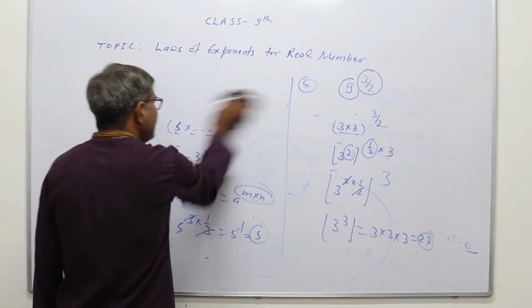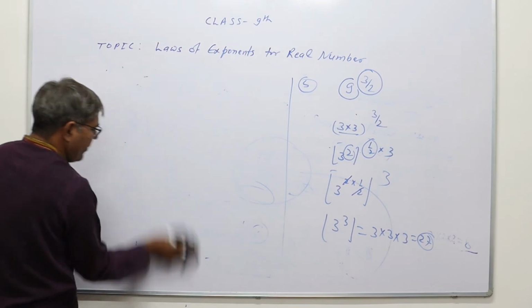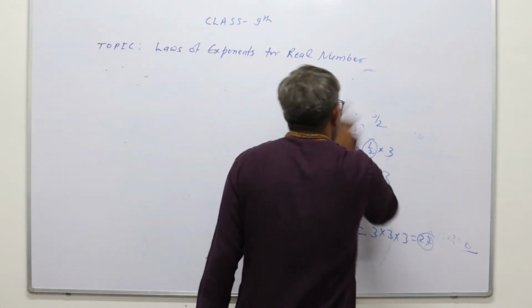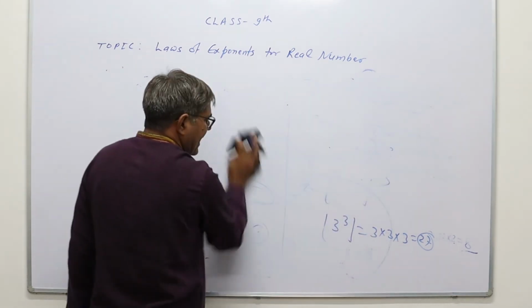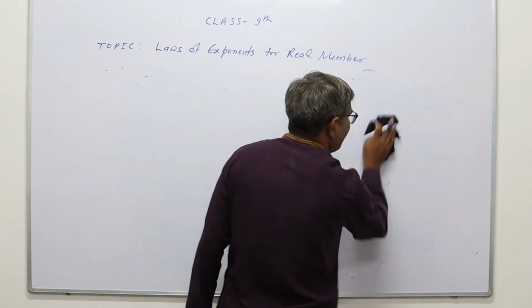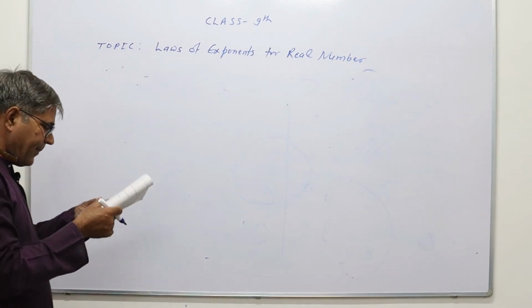Some more examples. So these are the application of the nth root of any real number, a raised to the power m by n, that is the nth root of a power m, and then some basic laws of exponent. We are doing the problem.